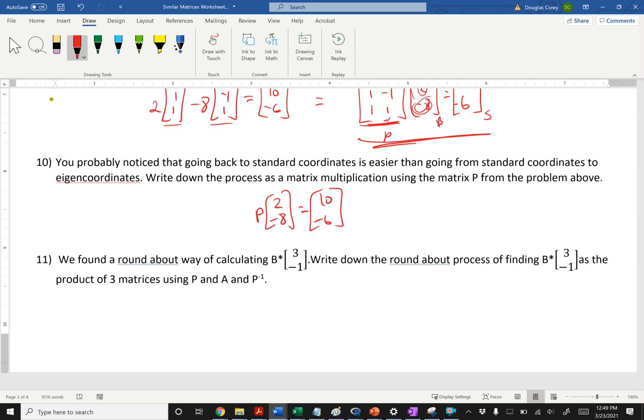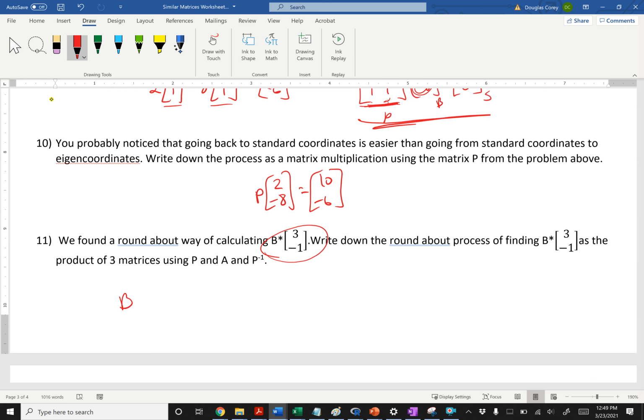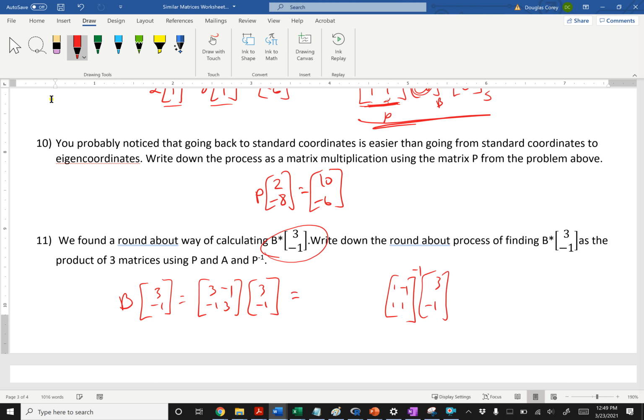Okay, so now we found a whole roundabout way of calculating this. B times (3, -1), and B was just [3 -1; -1 3], I could rewrite this. What did we do first? Well, we started off by multiplying by the inverse matrix of our eigenvectors, and then we scaled it.